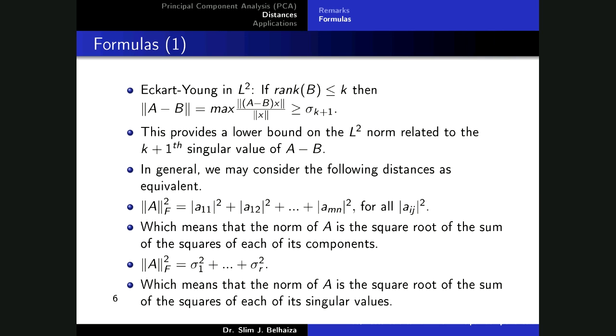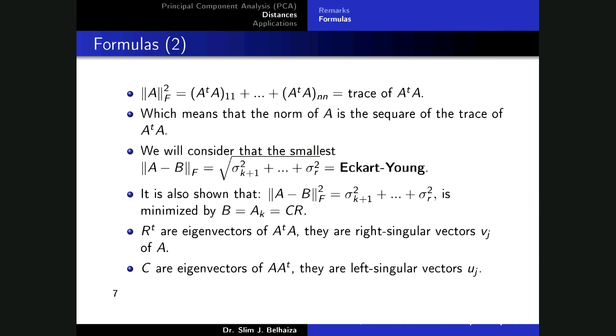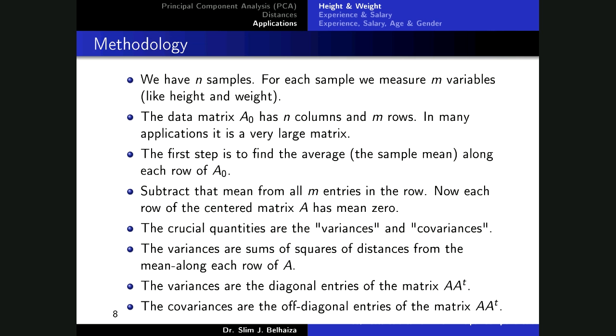Now, what I'm interested in is the methodology behind the applications, on how to apply principal component analysis. Let us suppose we have n variables that characterize our population, and we have n samples or n individuals, and we've taken the height and weight in the population.